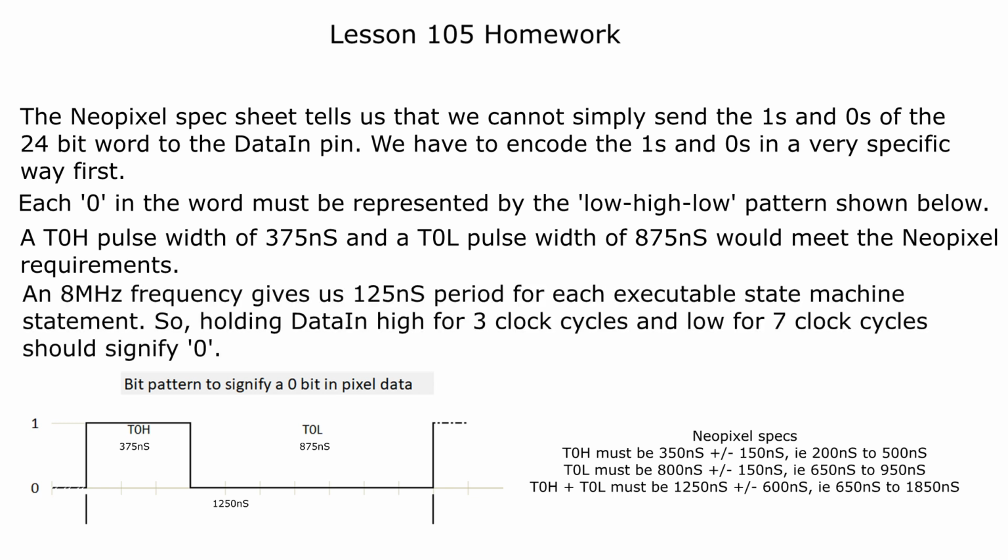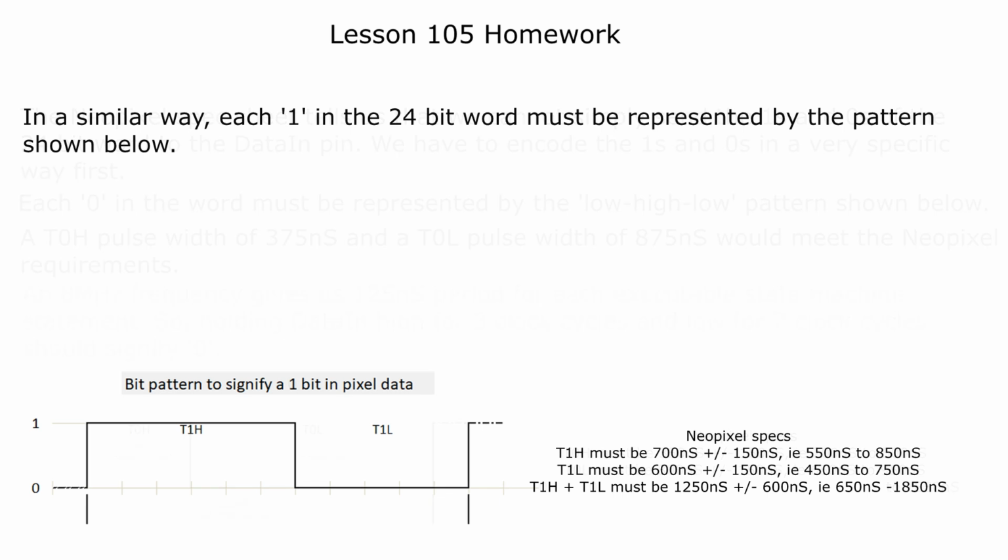An 8 megahertz frequency gives us 125 nanoseconds period for each executable state machine statement. So holding data in high for 3 clock cycles and low for 7 clock cycles should signify a 0. In a similar way, each 1 in the 24-bit word must be represented by the pattern shown below.